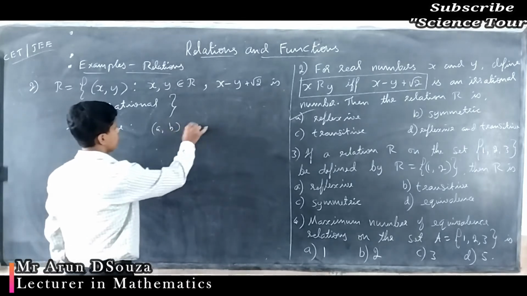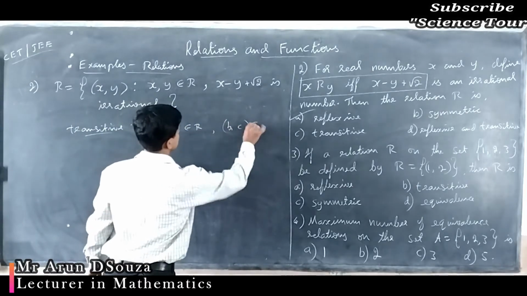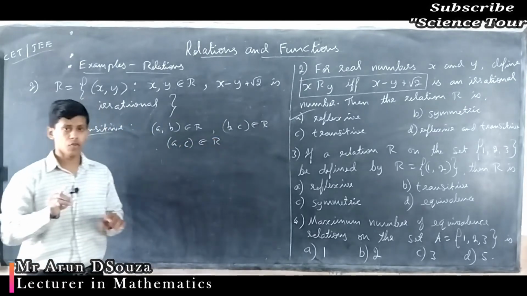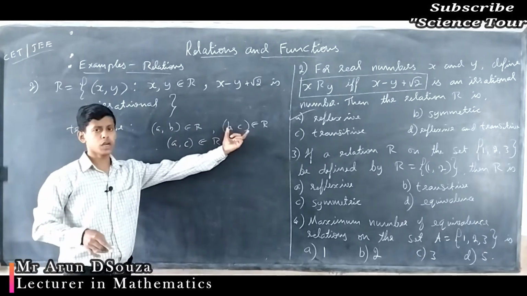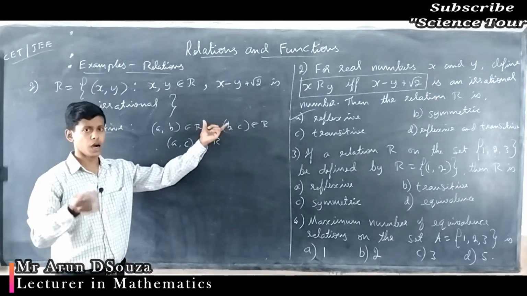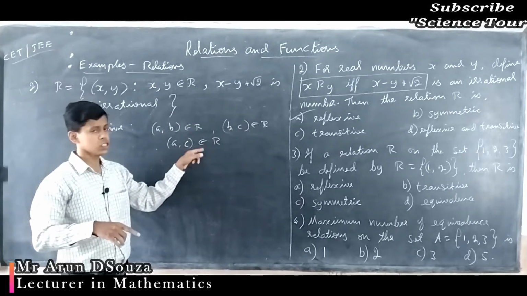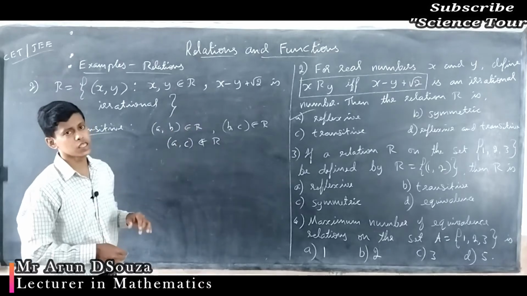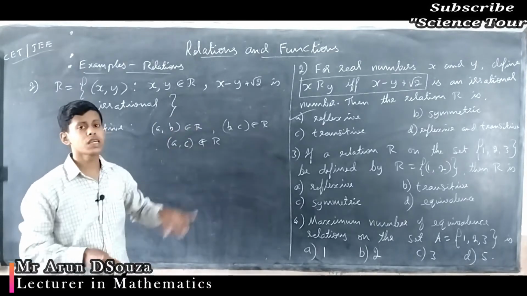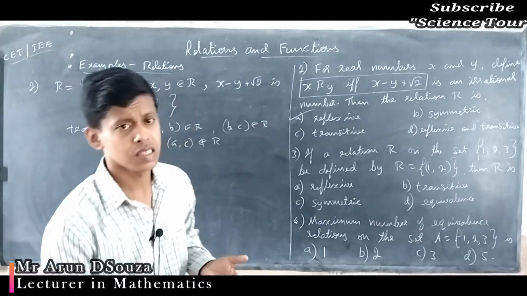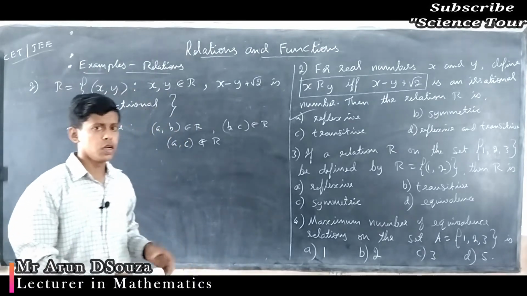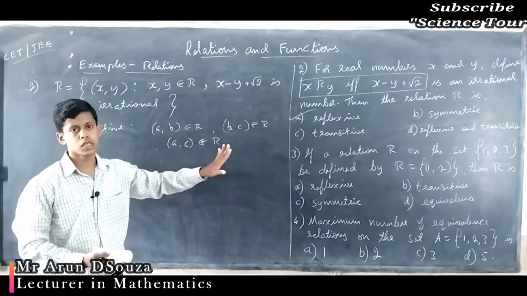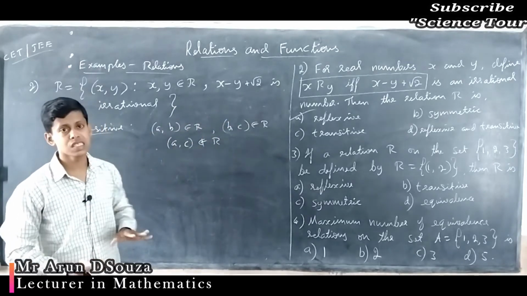That means A comma B belonging to R, and B comma C also must belong to R, and then A comma C must belong to R. Now if you are able to give two ordered pairs here which belong to R, but A comma C does not belong, then you can prove that the given relation is not transitive. You are giving a counter example here. You are giving such an example which does not hold for two given ordered pairs. Therefore you can say in general that the relation is not transitive. To disprove something, one example is sufficient.